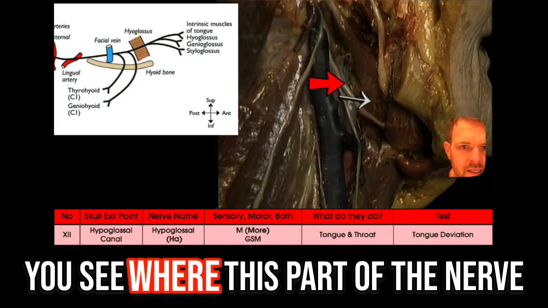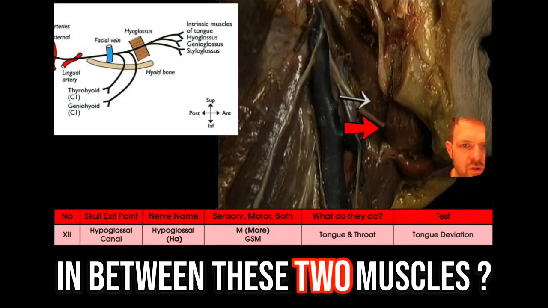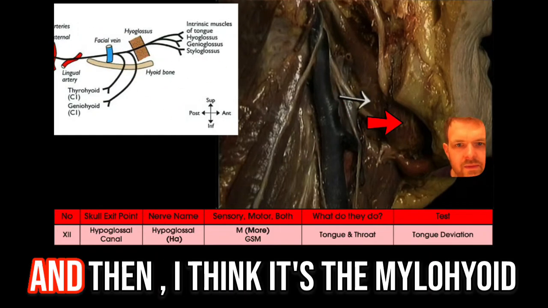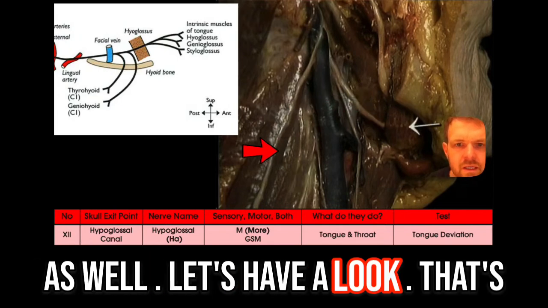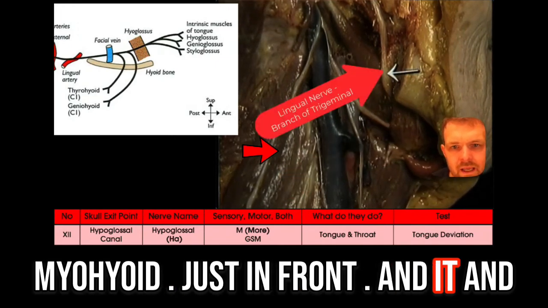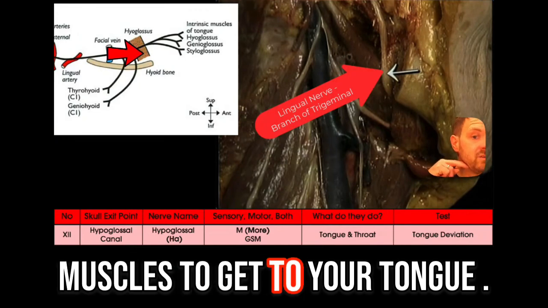And can you see where this part of the nerve then dives in between these two muscles? We've got that one there, the hyoglossus, and then I think it's the mylohyoid as well. Let's have a look. Yeah, mylohyoid just in front. And the nerve goes through those two muscles to get to your tongue.